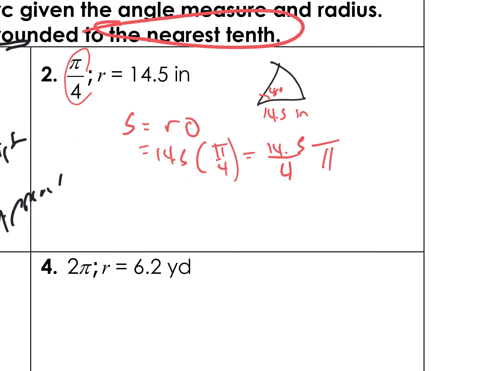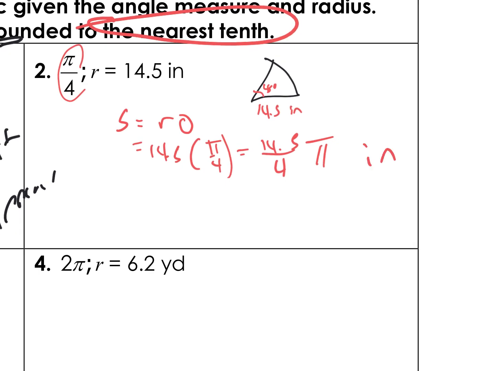That would also be legal, and that would also be inches. That's a perfectly good answer. If you put it in your calculator and hit enter, it'll reduce it for you. But I'm okay with that number. I don't even care if it reduces to 7.25 over 2, which could also be 3 point something.